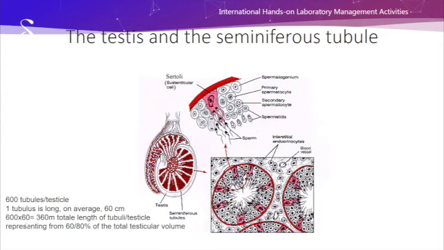And if we consider that one tubule on average is about 60 centimeters long, we can calculate about 360 meters of total length of tubules within one testicle. The tubule represents from 60 to 80% of the total testicular volume.